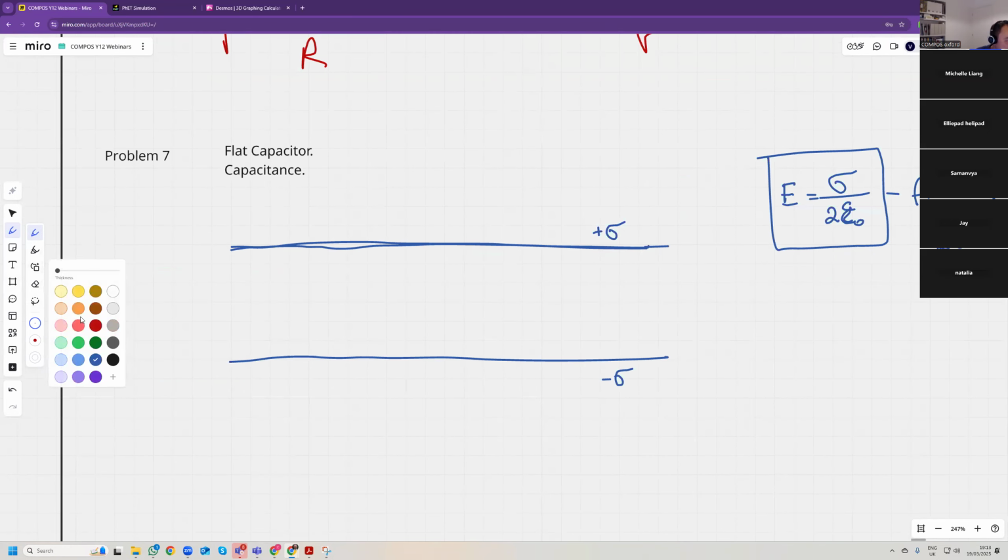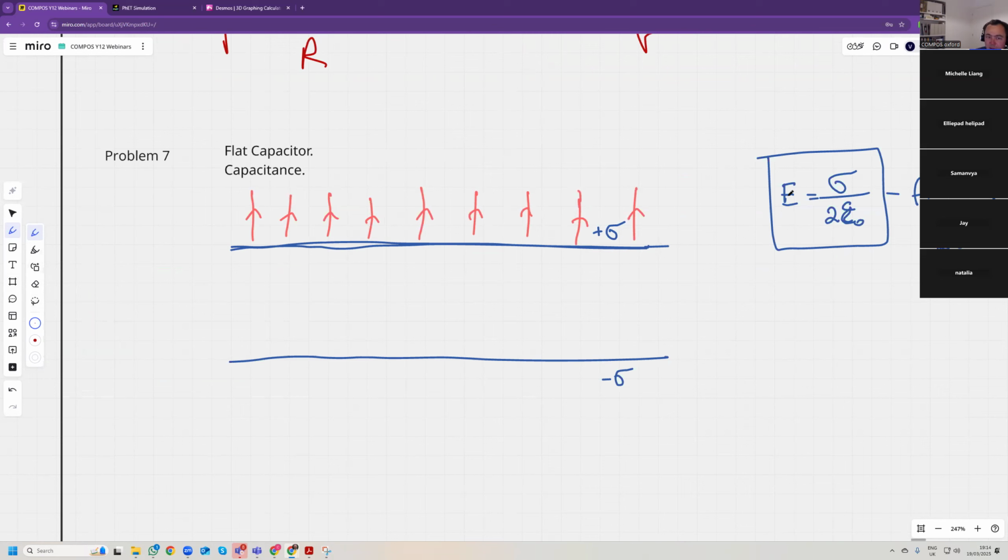And that means that this plate produces a field in that direction. And it's independent of the distance from the plate, by the way, which is very peculiar. And a downwards field like this.